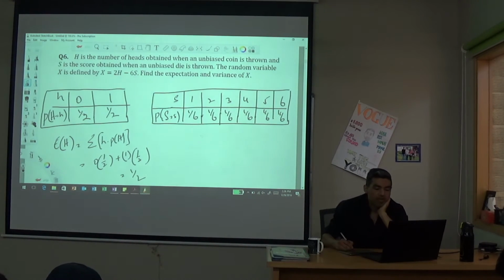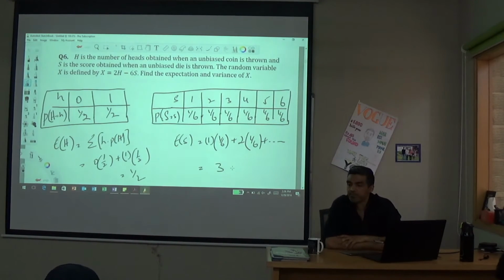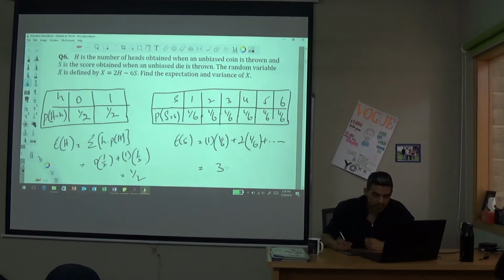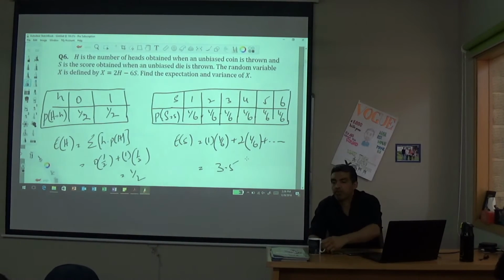For expected value of s, we will multiply each value with its own probability, add them up: 1 times 1 by 6 plus 2 times 1 by 6 and so on. Your answer should come out 3.5.